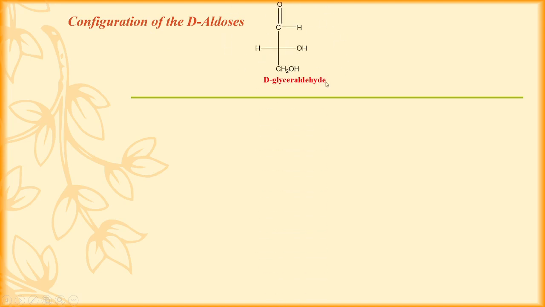So here is the structure for D-glyceraldehyde, and while writing the structures for the aldoses, the first structure is D-glyceraldehyde.